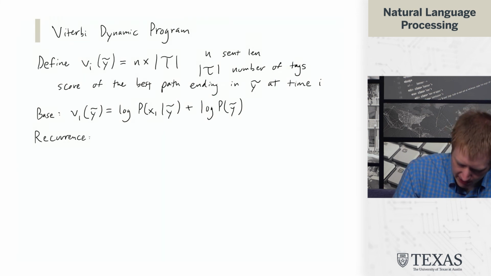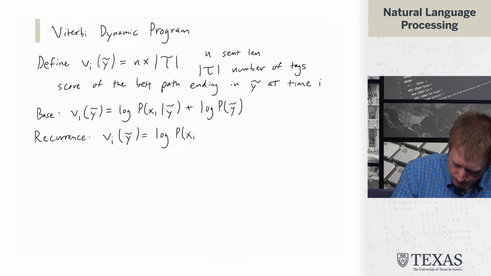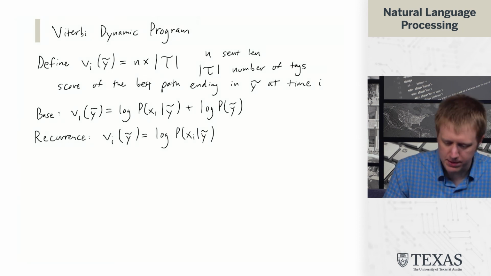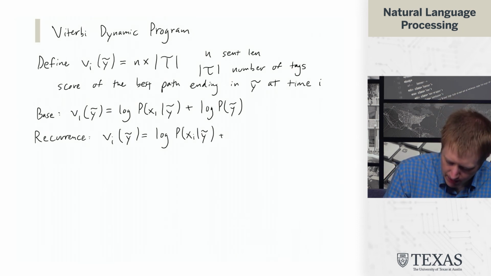And so here's what that case looks like. So we have the emission at the current time step. And then we have max over the previous time step.